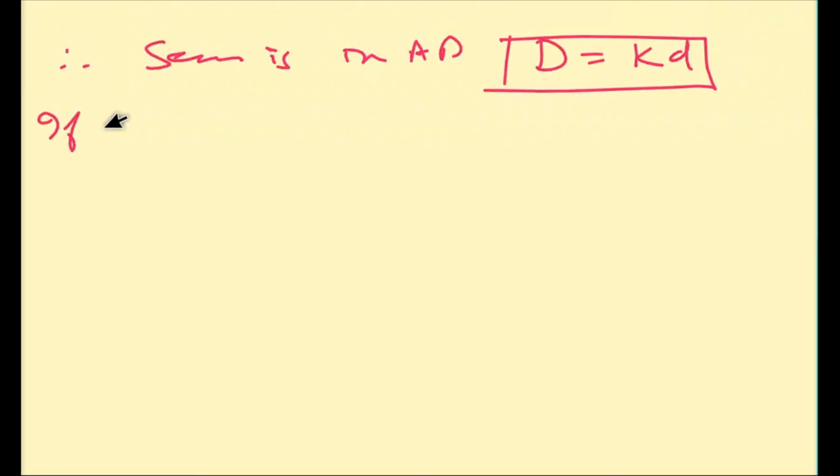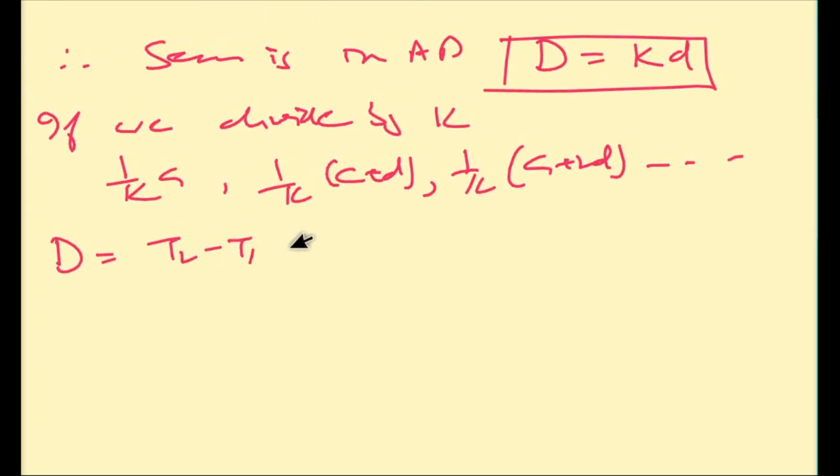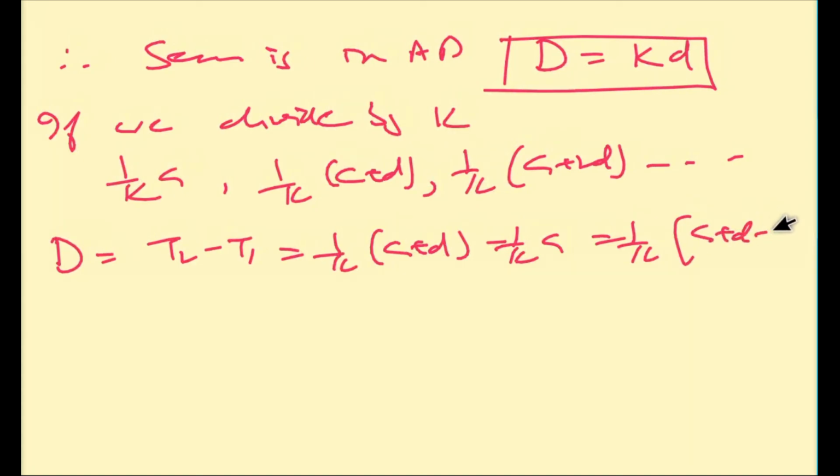Similarly, if we divide by k, what do we get here? 1 upon k times a, 1 upon k times a plus d, 1 upon k times a plus 2d, and so on. Now again we check the value of d. t2 minus t1 equals 1 upon k times a plus d minus a. We find d upon k.